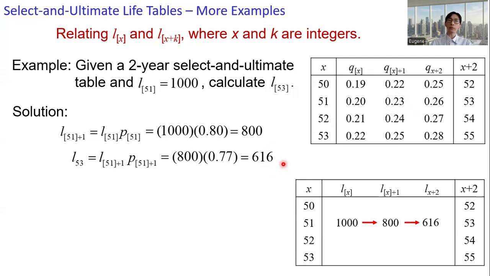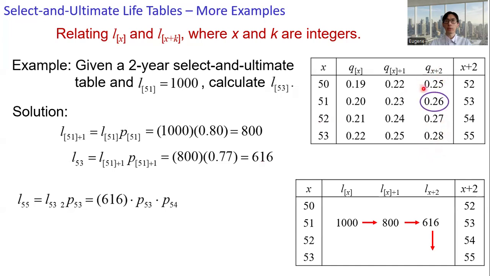We are at the ultimate part of the table, and then we need to get L54 and then L55. And here we can skip L54, directly compute L55. L55 is L53 times 2P53. We get 616, and then times P53. The value of the mortality probability is in this column.